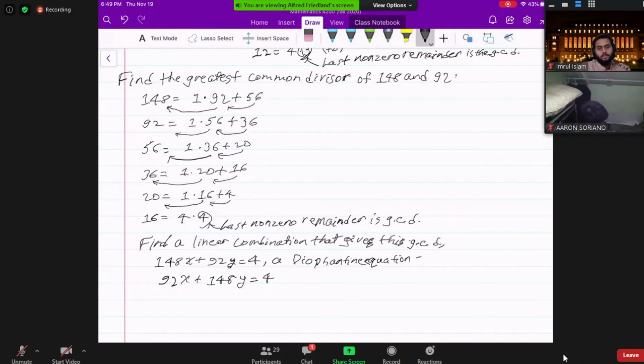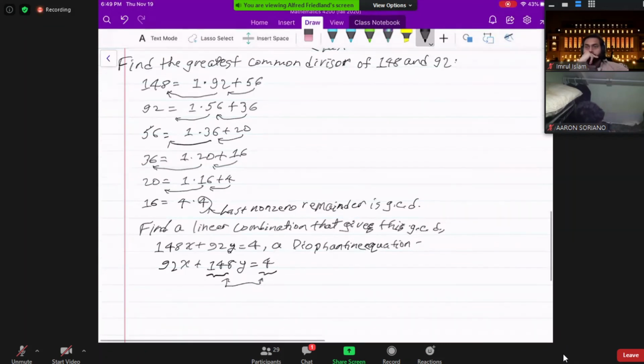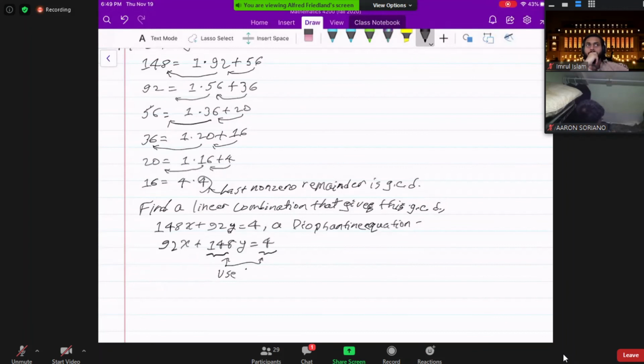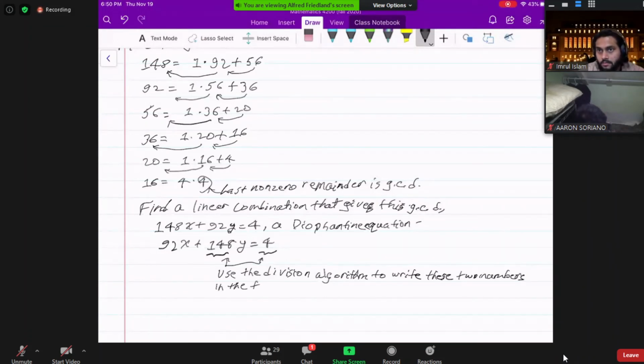The reason for that was, if you remember how to solve a Diophantine equation, we used the famous division algorithm to write the other two numbers in the form of dividing by 92.